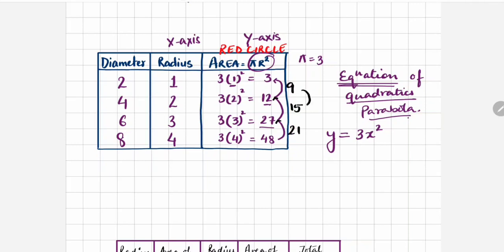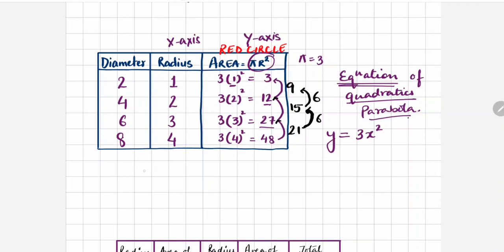Always in the quadratic, the second time when you find the difference, they are the same. So 15 take away 9 is 6, and 21 take away 15 is also 6. So second time when you are doing the difference, they are equal. All right, and that means it's a quadratic.